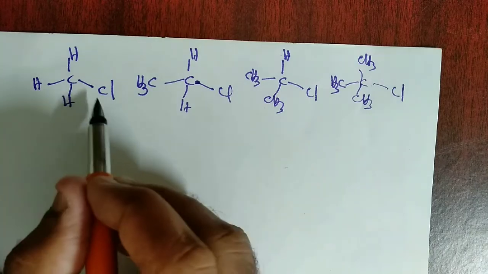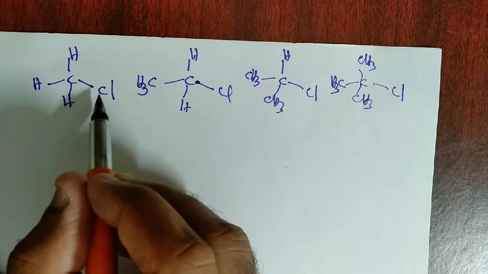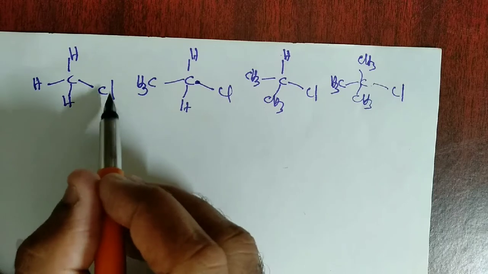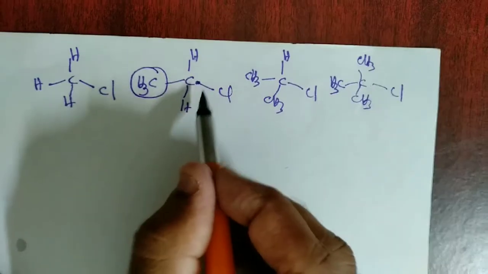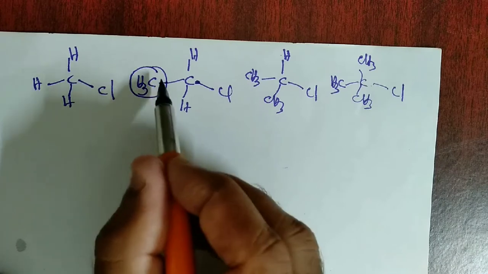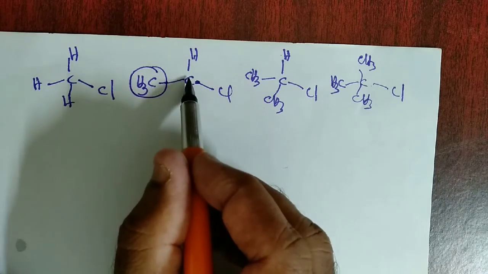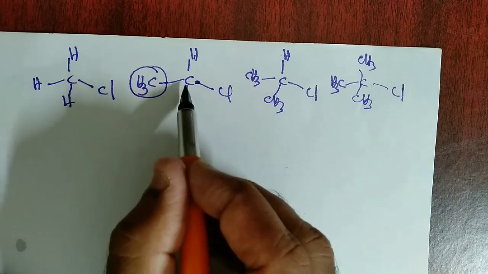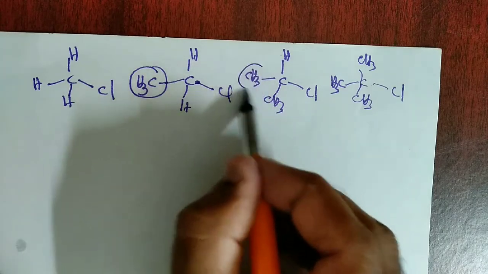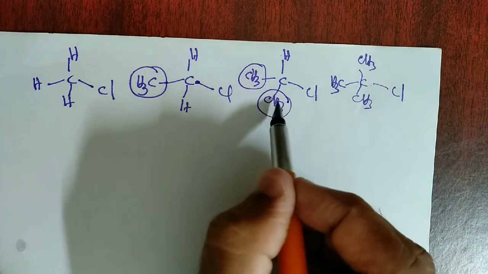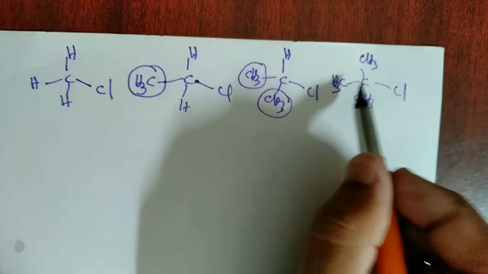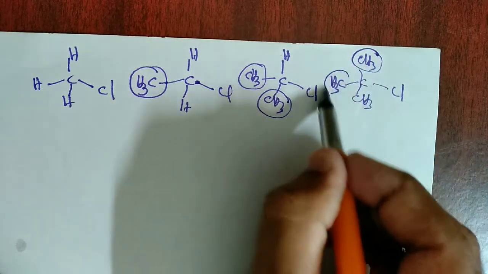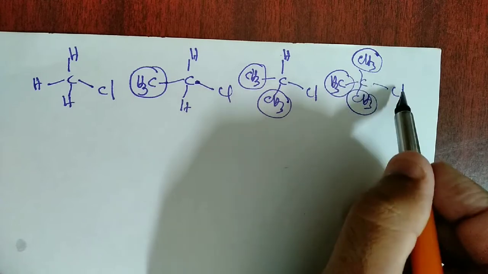The rear side approach of nucleophile is least sterically hindered in methyl chloride. In the case of ethyl chloride, methyl group attached to carbon atom causes steric hindrance to the approach of nucleophile. In isopropyl chloride, there are two such bulky methyl groups. In the case of tertiary butyl chloride, there are three bulky methyl groups surrounding the carbon atom.